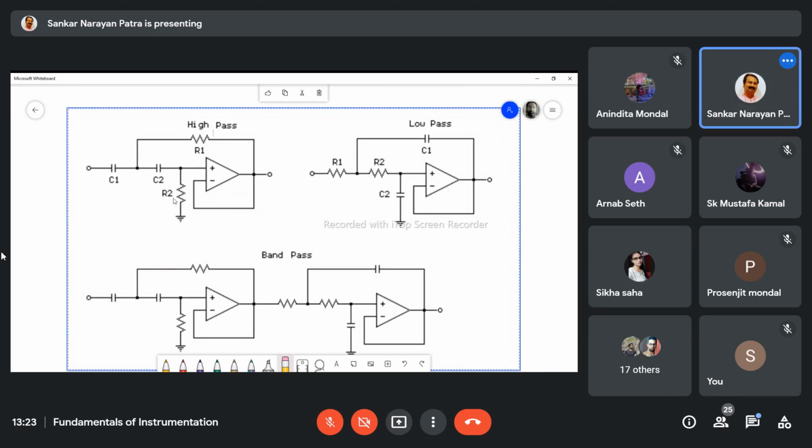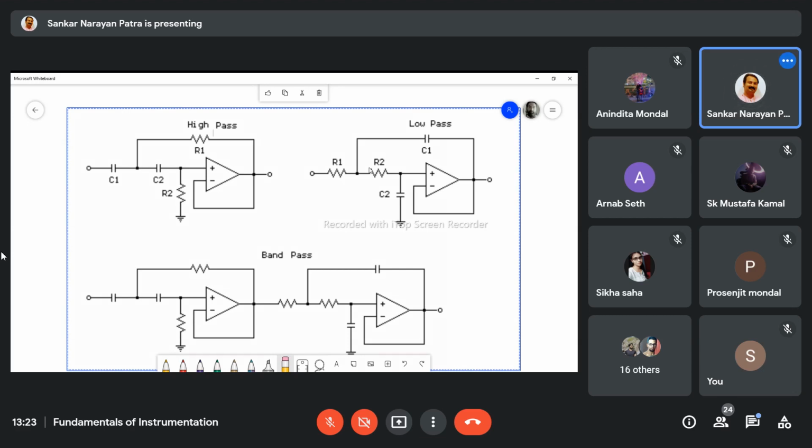Here are the resistance and capacitor connections, and this is a low pass filter. In the other configuration you see that the R and C positions are swapped, wherever C and R are in the high pass filter, and in the low pass filter R and C are swapped. Am I right?